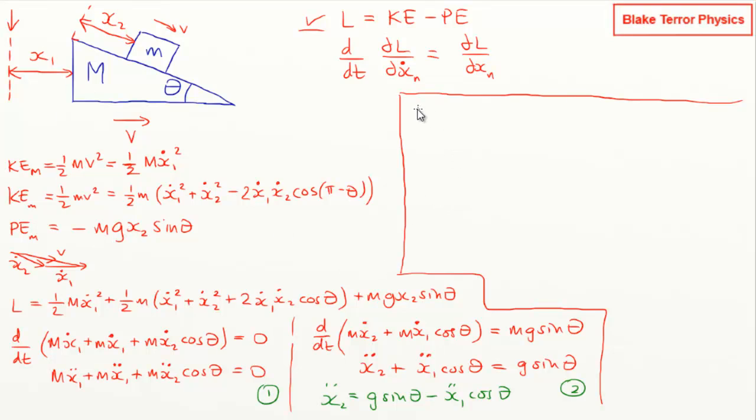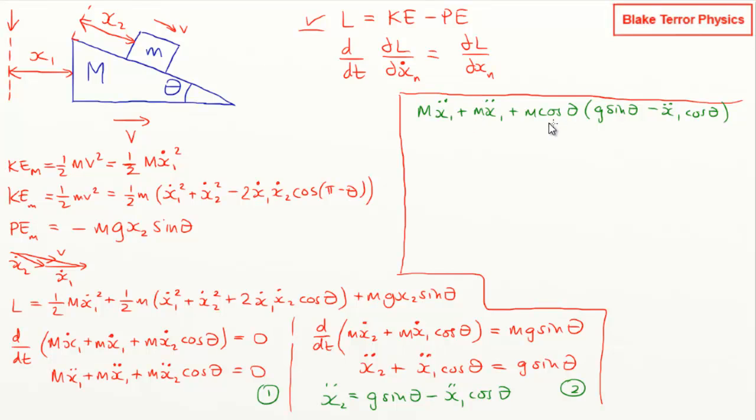So we're going to get capital M x1 double dot plus little m x1 double dot plus m cos theta multiplied by well, what we've got there, so g sine theta minus x1 double dot cos theta.